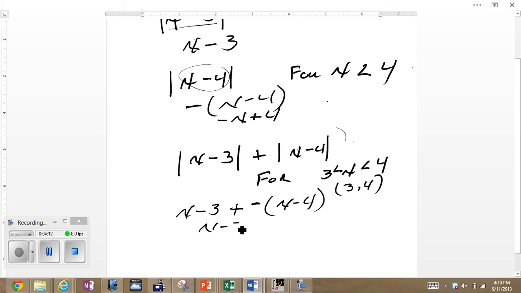We get x minus 3 minus x plus 4, and as you can see, the x drops out, and we have simply 1. So this whole thing, interestingly enough, when you assign it values between 3 and 4, will simplify to 1.